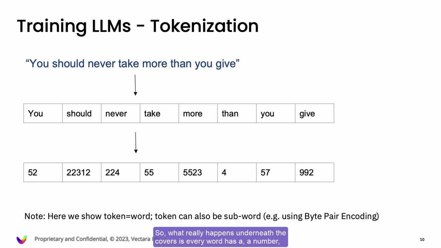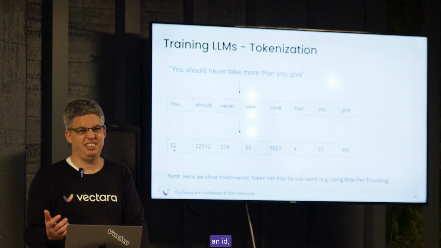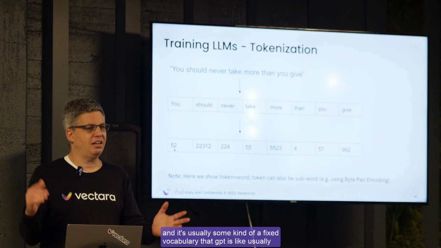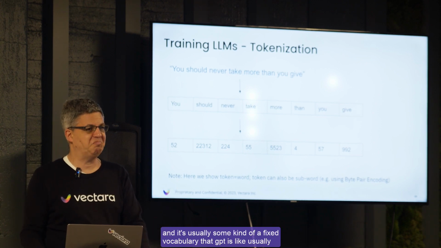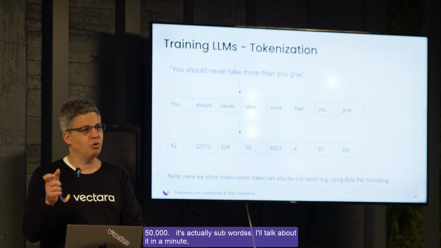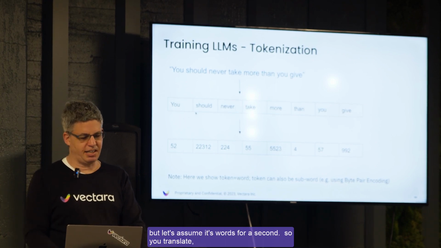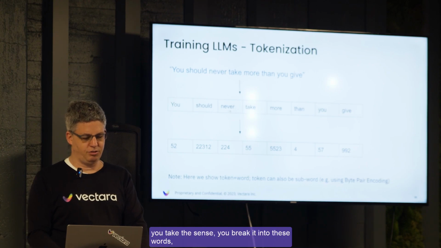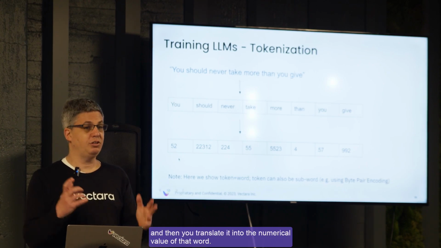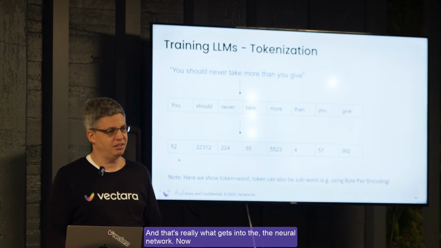So what really happens underneath the covers is every word has a number, an ID. And it's usually some kind of fixed vocabulary. GPT is usually 50,000. It's actually subwords, I'll talk about it in a minute, but let's assume it's words for a second. So you take the sentence, you break it into these words, and then you translate it to the numerical value of that word. And that's really what gets into the neural network.